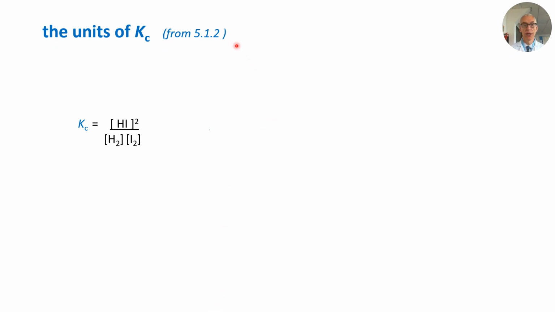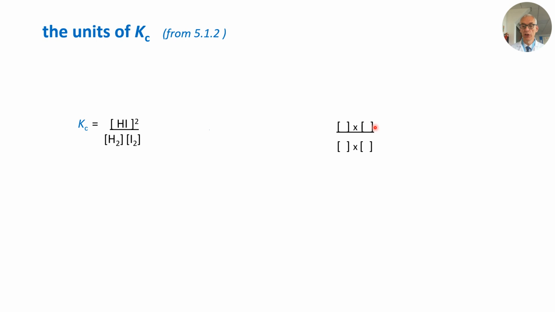So reviewing the units of equilibrium constant Kc from an earlier topic, but the methods employed will apply to Kp later on in this lesson. If we look at the Kc expression here, we've got hydrogen iodide squared over hydrogen and iodine.